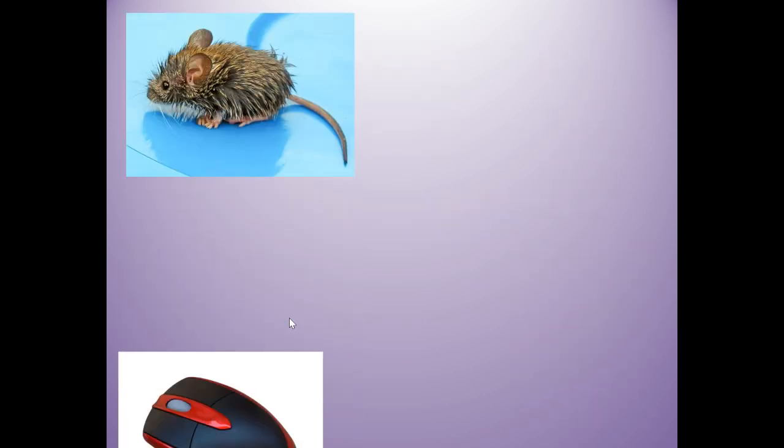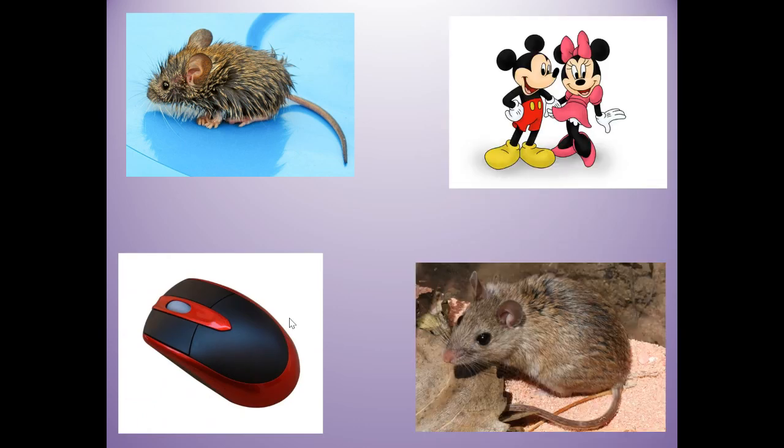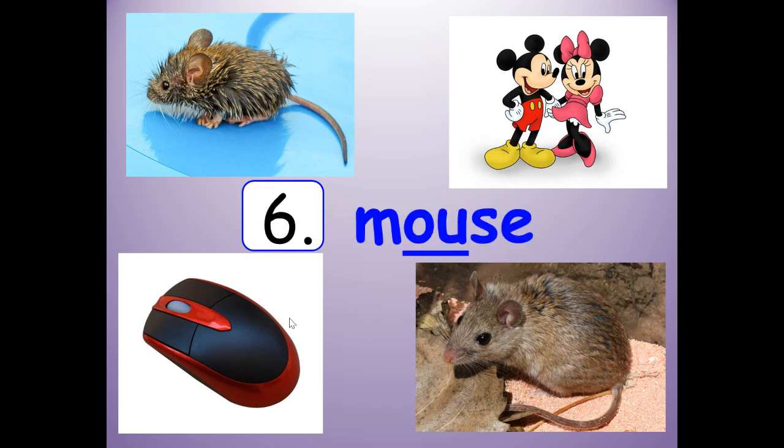Number 6. These are all examples of a mouse. Stretch it out. Mouse. Shrink it. Mouse. M-O-U-S-E. Underline O-U says ow in mouse.